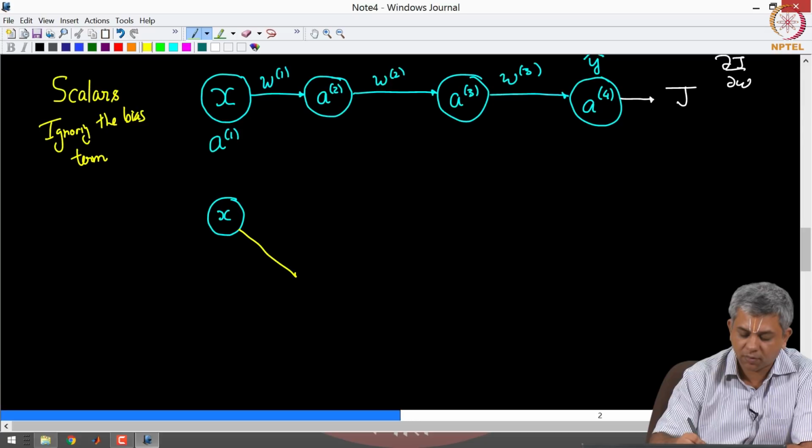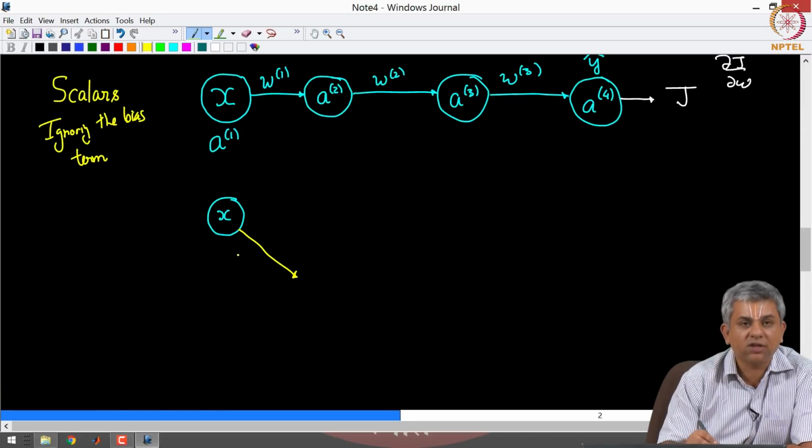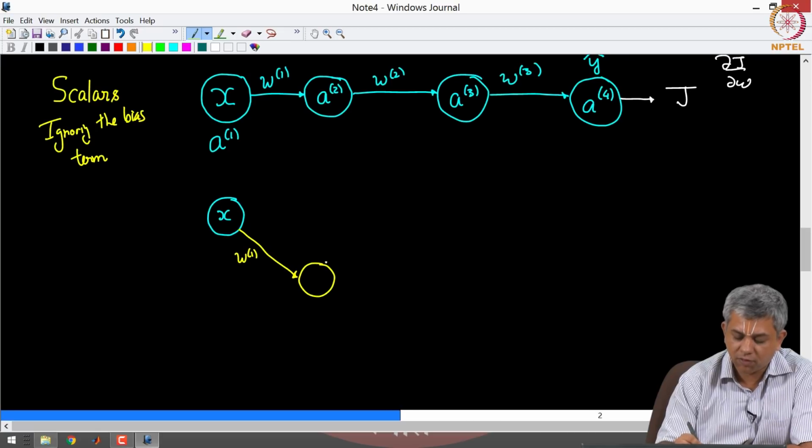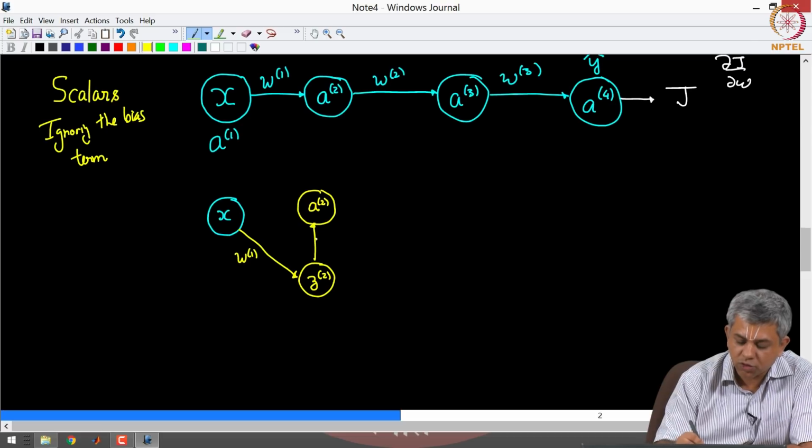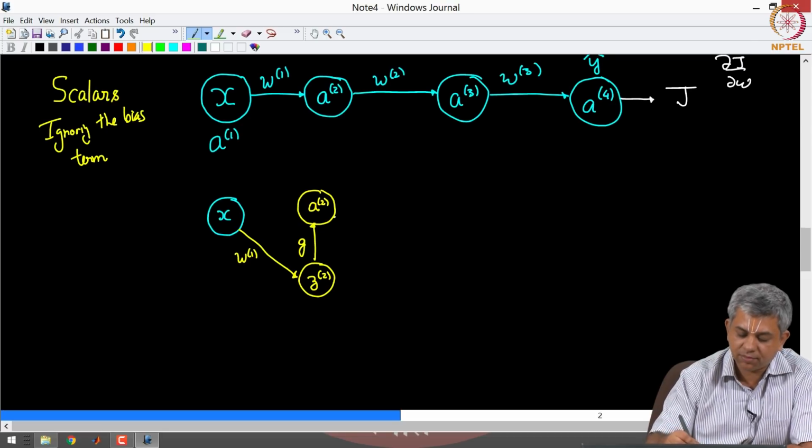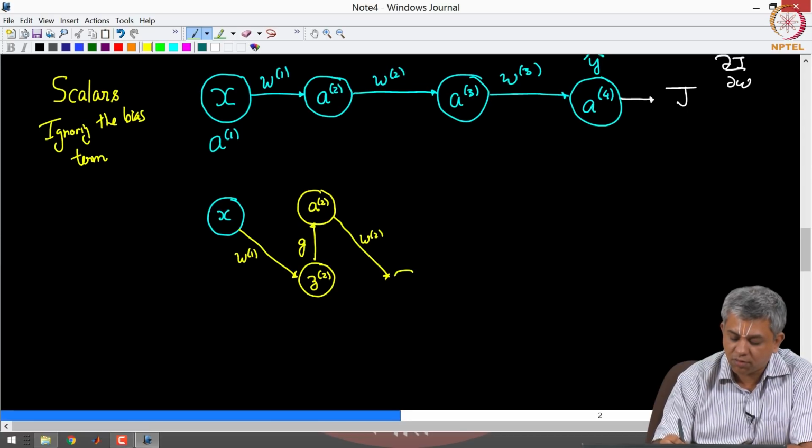Okay. So, first we have the linear operator which gives us Z, let us call it Z2. Go back here and we get A2. So, we have a nonlinearity G. Similarly, you take the weight W2, get Z3, go back here, get A3.